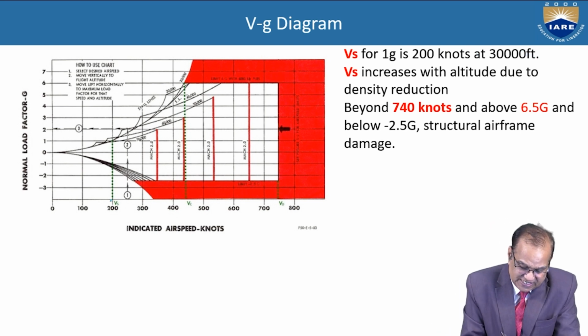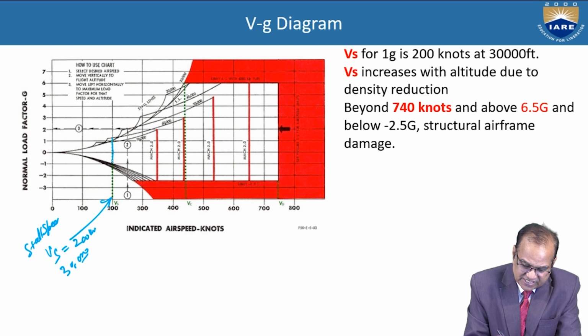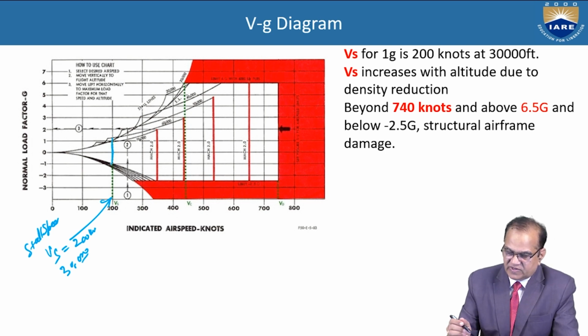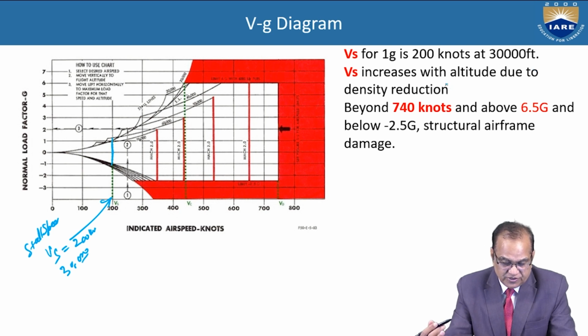So this is the VS here, the stall speed of the aircraft. This is the line. VS increases with altitude due to the density reduction. As you go to high altitude, your VS will also increase.